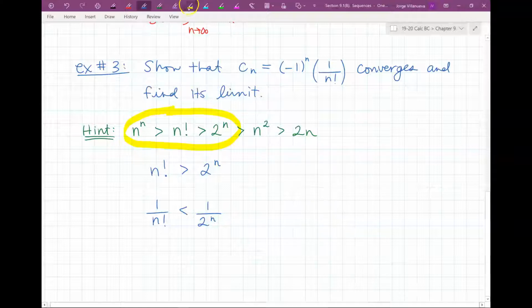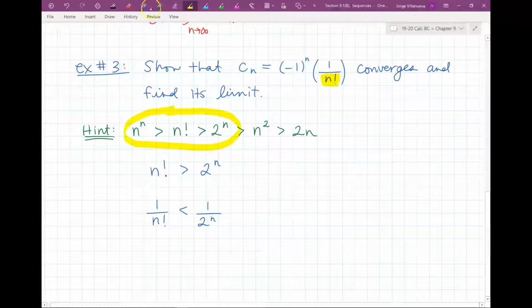So what I did is, I took my n factorial, which is here in my original function, and compared it to any other function. I compared it to 2 to the n, and n factorial is bigger than 2 to the n. Now, if I flip it around, 1 over n factorial is less than 1 over 2 to the n. Great.